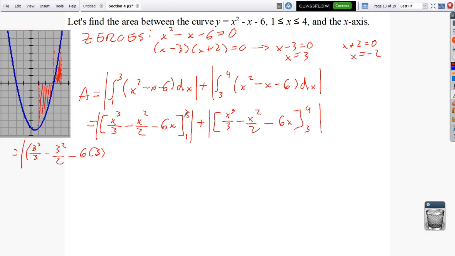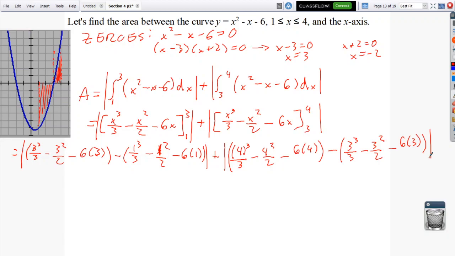Again, I'm just evaluating at the upper, minus evaluating at the lower: 1 cubed over 3 minus 1 squared over 2 minus 6 times 1. Then my absolute value bracket, and I do the same thing for the next one. I'm going to pause and fill that out real quick.